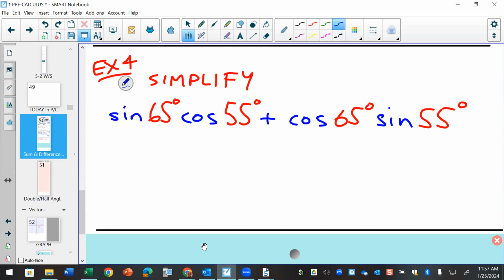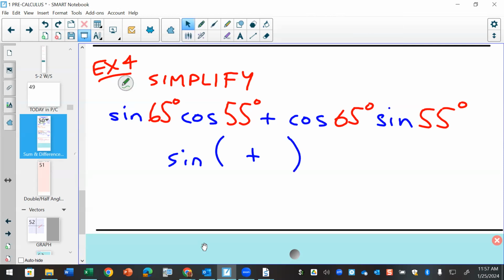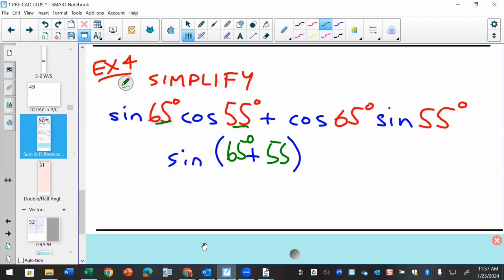That was the tough part of the problem. Now, do you pretty much know, what are we adding? What's going in for x and y? 65 and 55. Now, one of you is going to stop right there on my test. And I will give you half credit. Keep going.